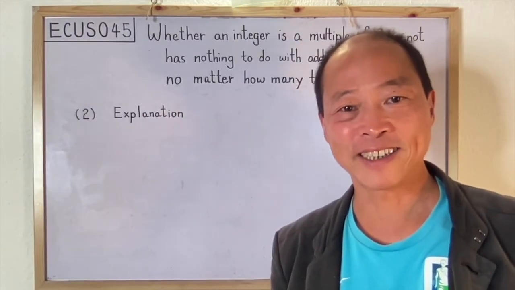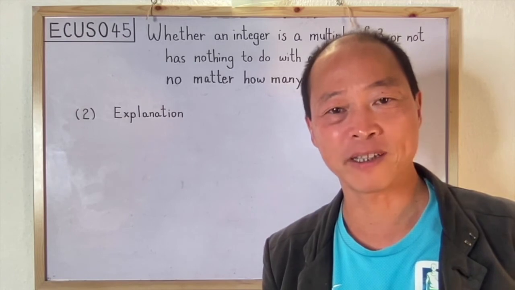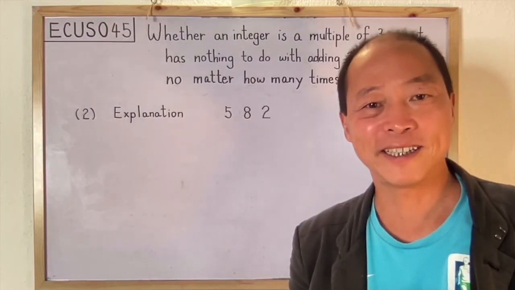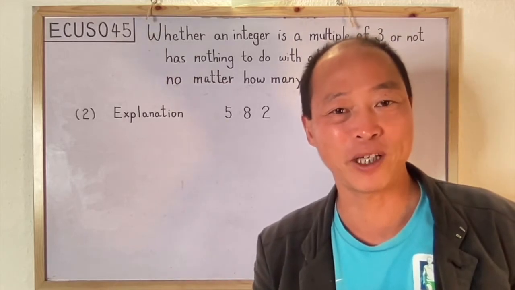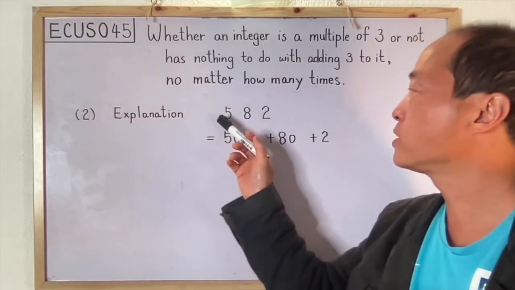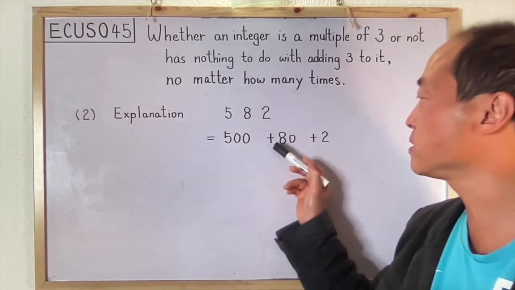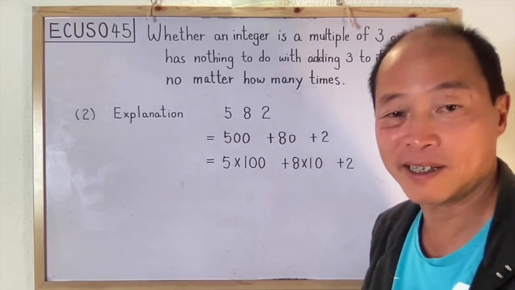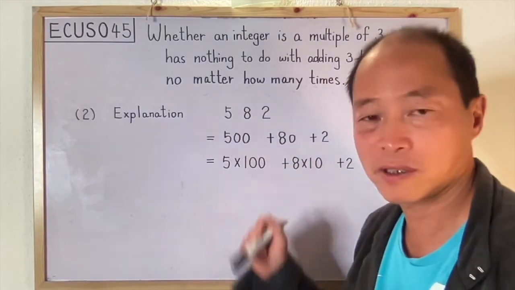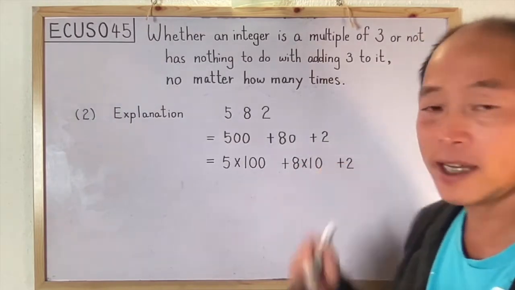If you understand the concept of method 3, you understand the concept of method 2. Let's take 582 as an example to explain the concept. 582 can be written as 500 plus 80 plus 2. 500 can be written as 5 times 100. 80 can be written as 8 times 10.